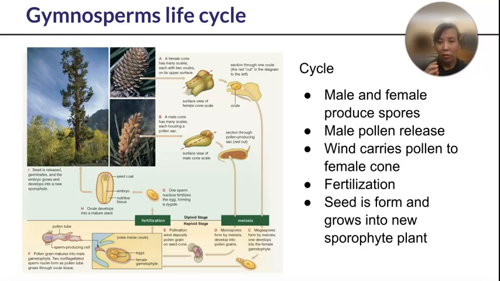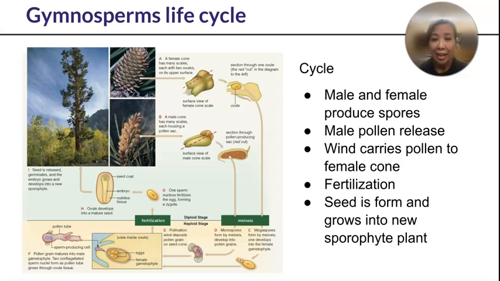The pollen is the male gametophyte, and when it is carried by animals or released into the atmosphere, the wind carries the pollen from the male cone to the female cone, and that's when fertilization happens. The fertilization will lead to formation of a seed, and that seed can then grow into a new sporophyte plant.